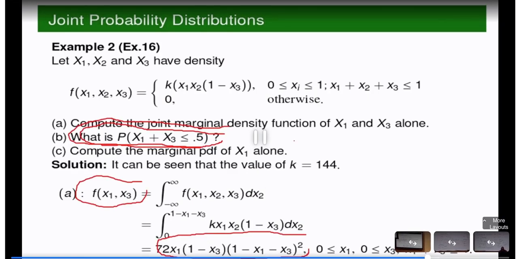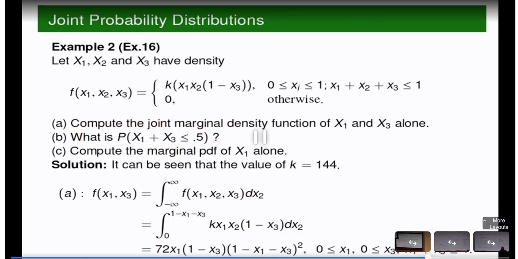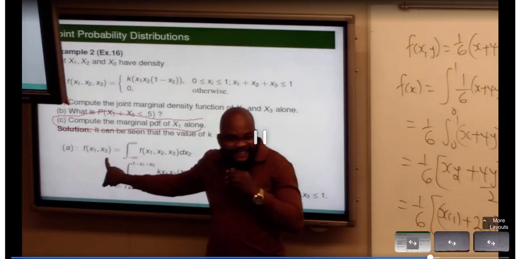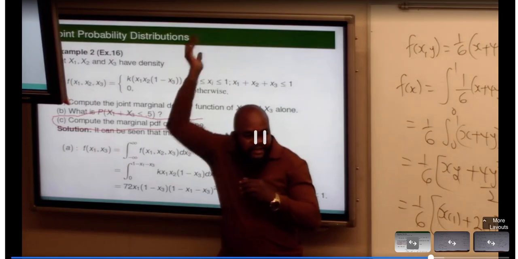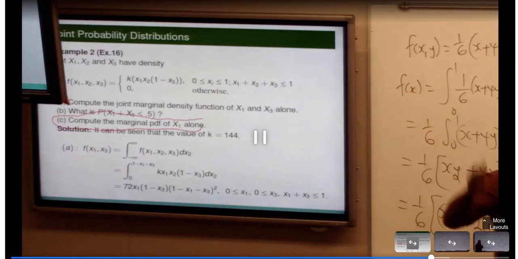Now, let's look at the next question. The next question asks about C. That one is asking about x1 only. If I want to get x1 only, I just integrate S3 out. I'm going to integrate S3 out.